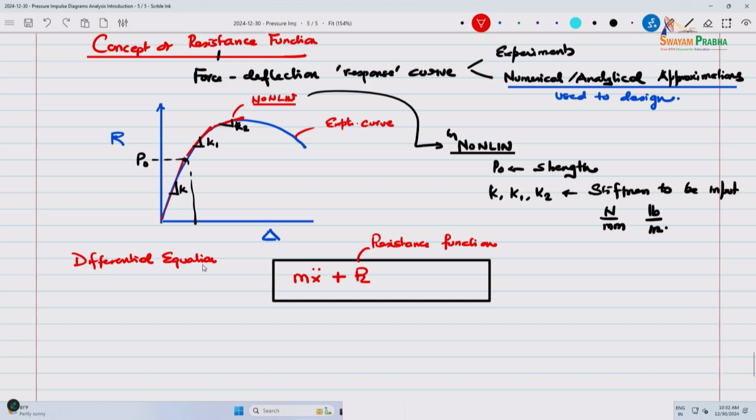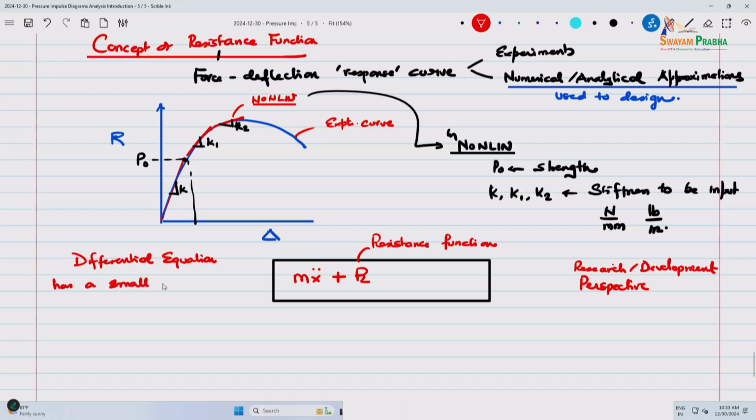So from a research or development perspective, you can use this concept for any type of structure. So the differential equation has a small difference. In this case, we replace kx by r, which is the resistance function.